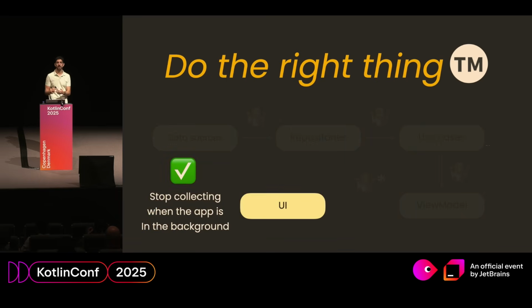And this talk is going to be mainly about the UI layer, how to collect flows properly from here. This is a spoiler alert: we'll see this evolving, making sense throughout the presentation. But the right thing to do in the UI layer is to stop collecting flows if the application is in the background, if the user is not actually looking at the screen.